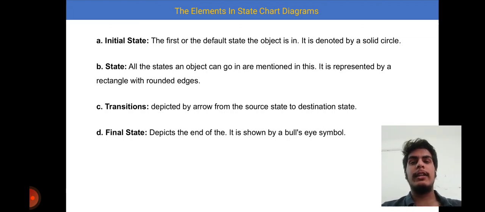State: all states an object can go in are mentioned in this. It is represented by a rectangle with rounded edges. Transition is depicted by an arrow from the source state to the destination state. Final state depicts the end of the process. It is shown by a bullseye symbol.